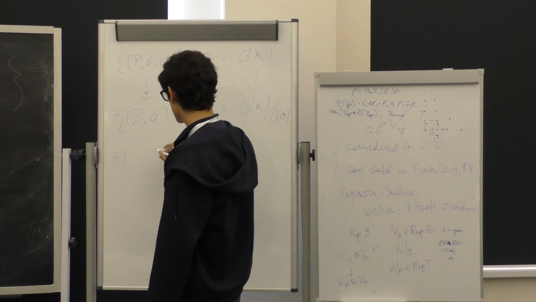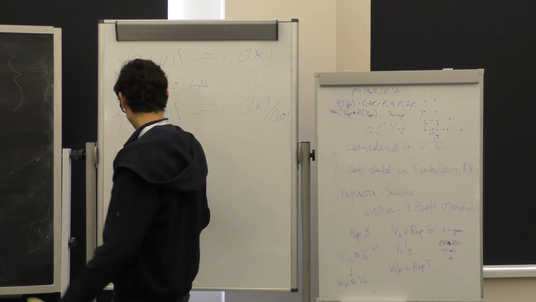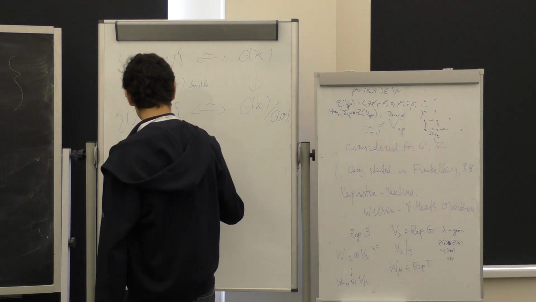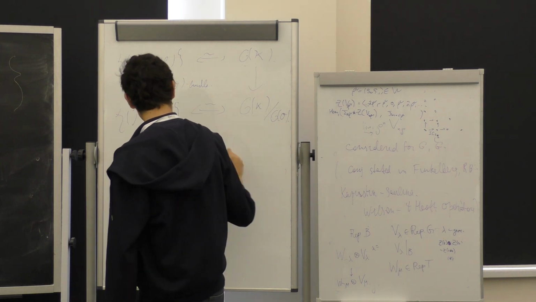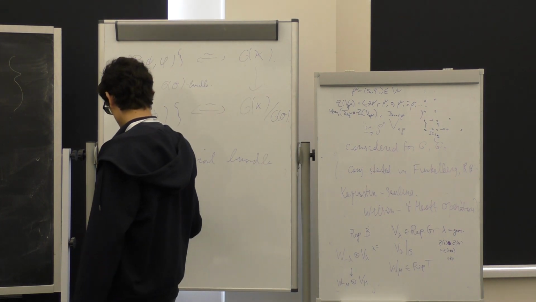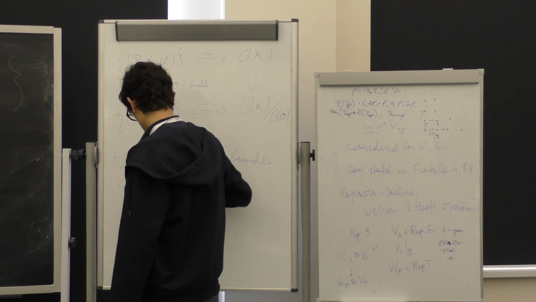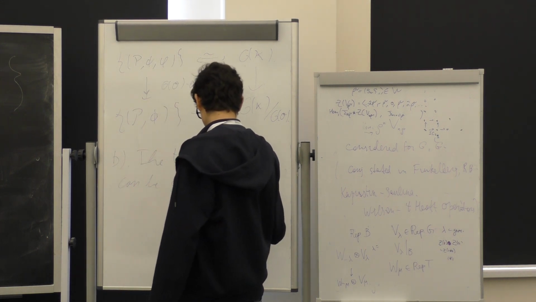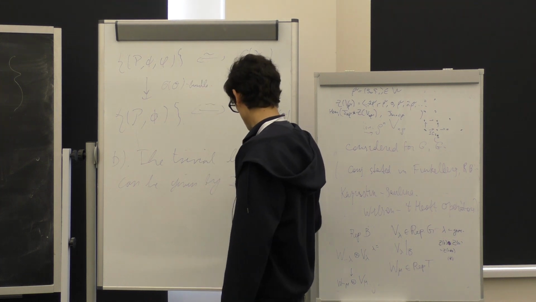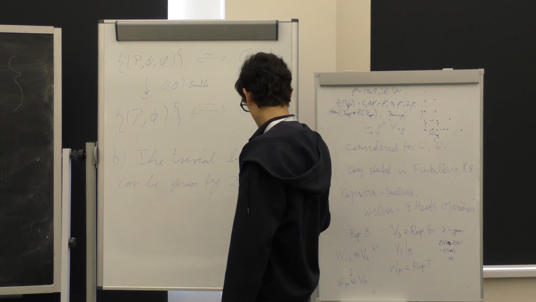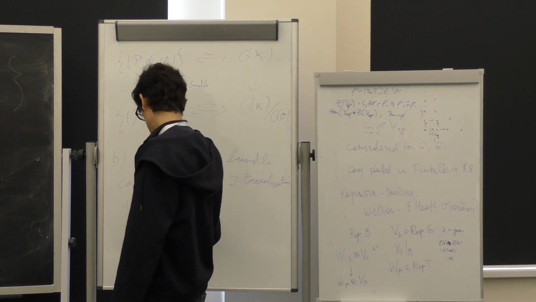So in other words, the trivial bundle can be given by two trivializations plus the identity map.